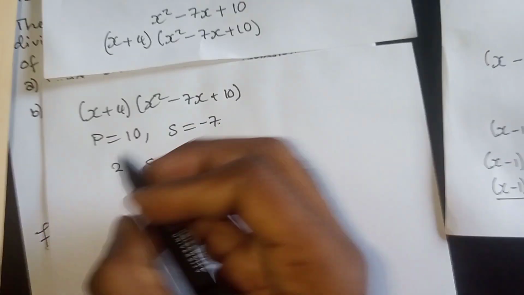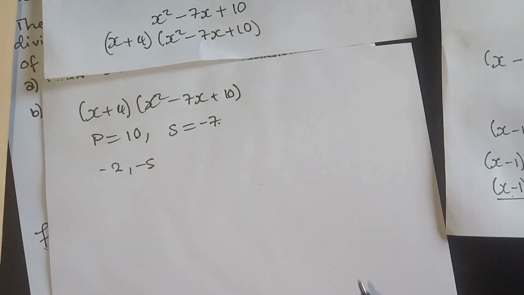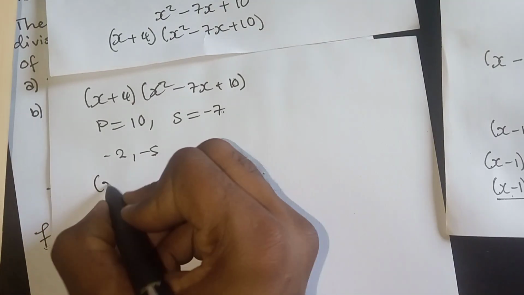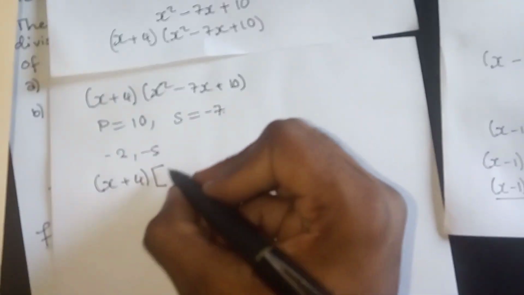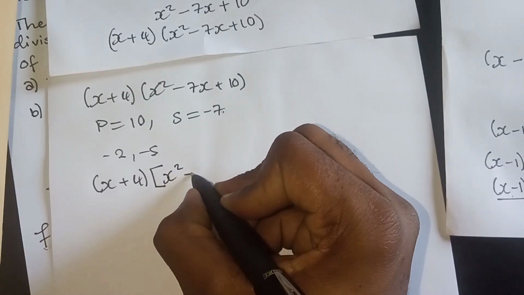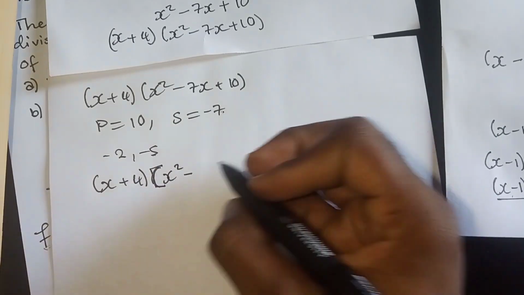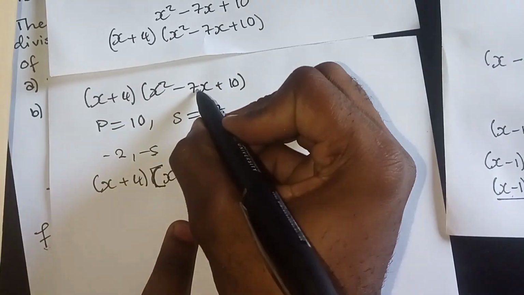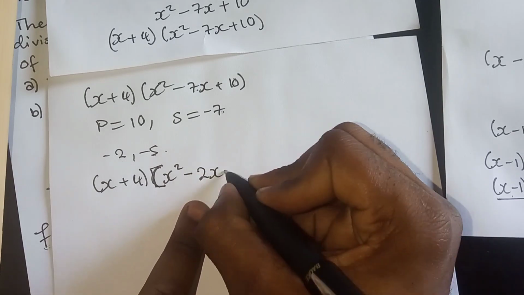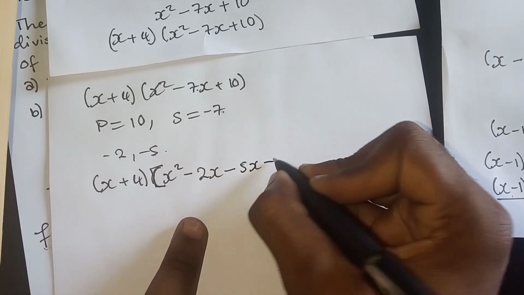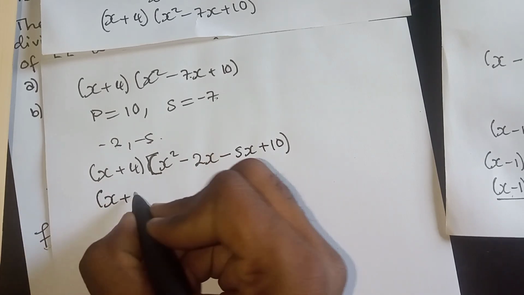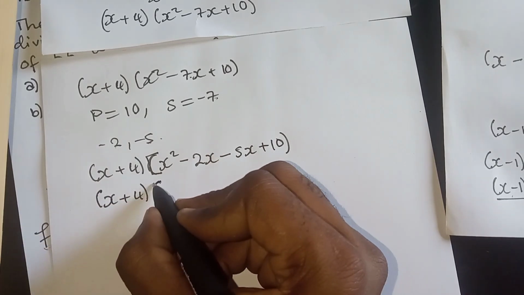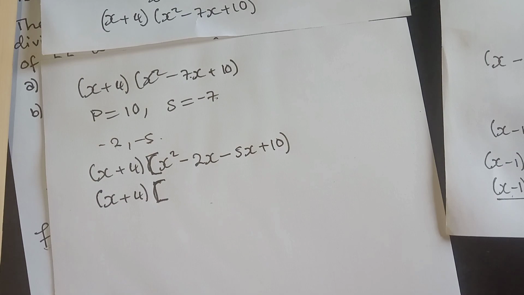Since the sum is negative, we can negate both of them, so that we have x plus 4, then I'll use square brackets there, and we can break this one down into negative 2x, negative 5x plus 10. Then we have x plus 4, and you can use the square brackets now.